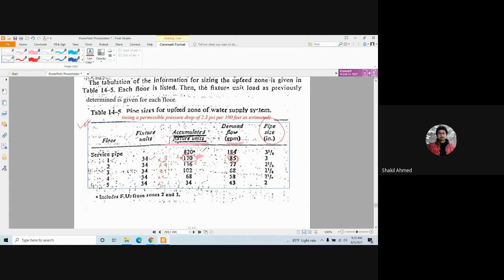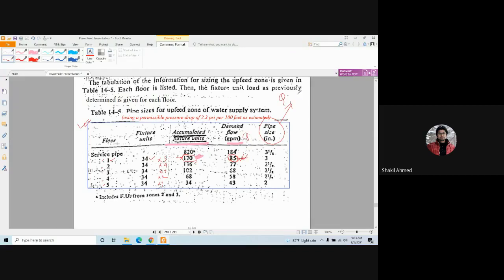How do you determine the pipe size, guys? Now it's easy. To know the pipe size, you need to know two things. One is Q, which is here. You know this is 85.